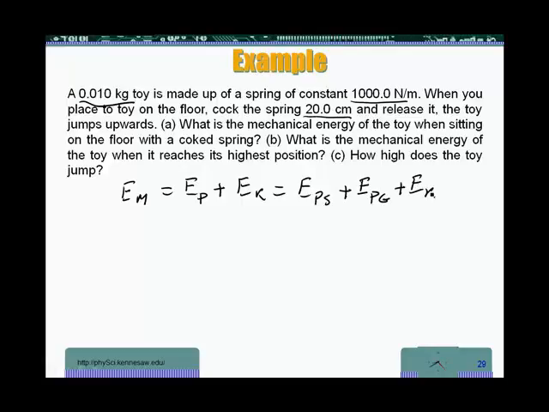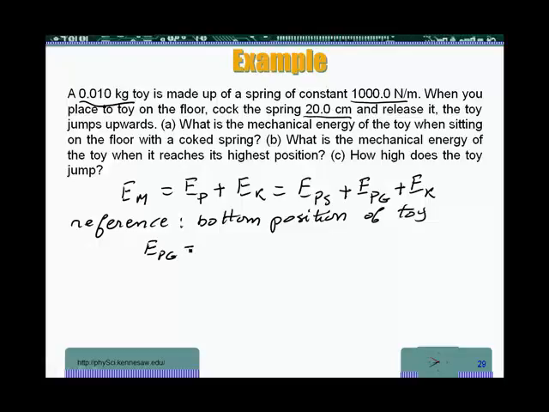Okay, now at ground level, we use that as reference, the bottom position of the toy. Then that makes our gravitational potential energy at that level equal to 0.